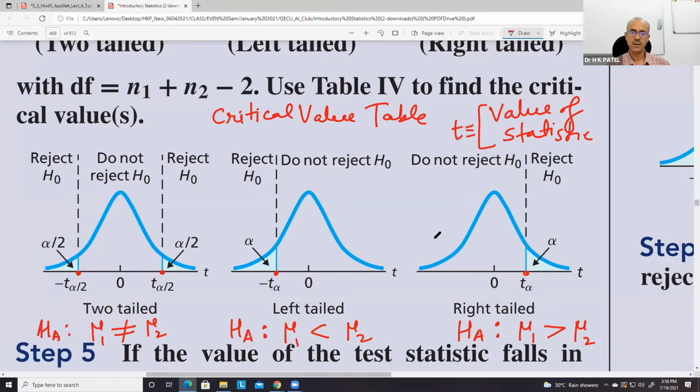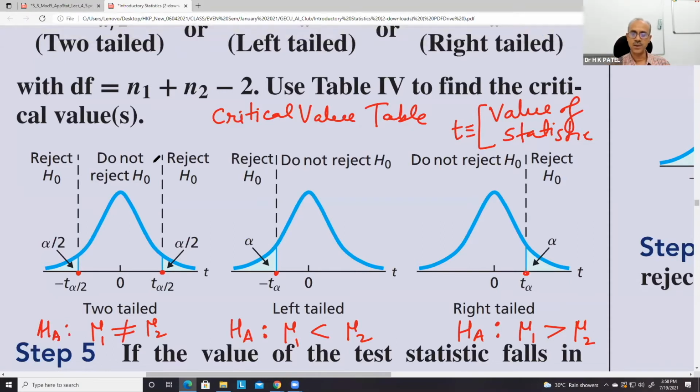So you see that in all the hypothesis case, whether it is for single mean or two mean, or whether it is standard deviation, two standard deviation, or proportion or two proportion, the figures are the same for every case. Okay. So this is for two tail, this is left tail, right tail. Okay. So this is critical value approach.